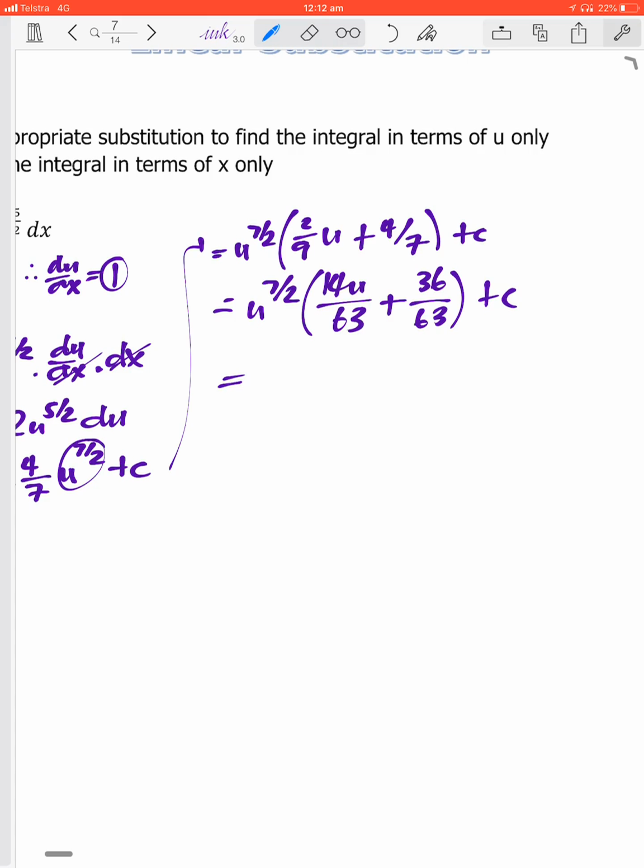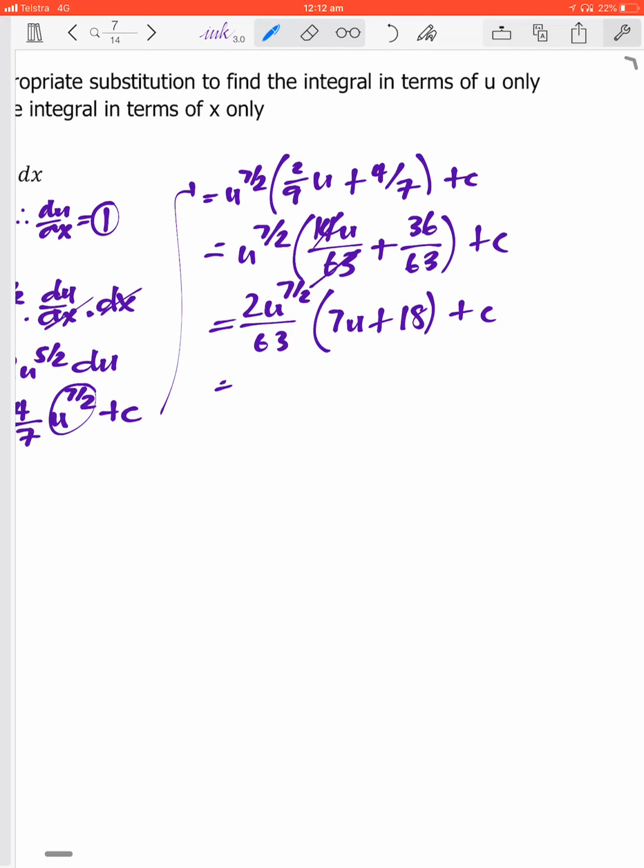What goes into 14 and 36? 2 does. So let's say 2u to the 7 on 2 on 63, bracket, 7u, and then because I've taken a 2 out, that's going to be 18, and then plus c.